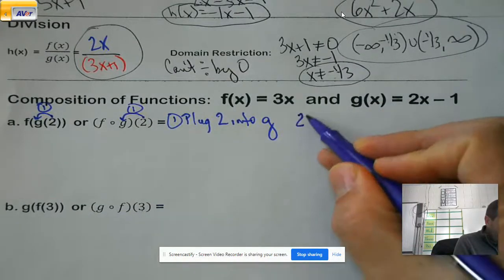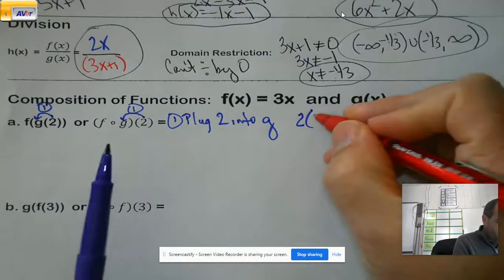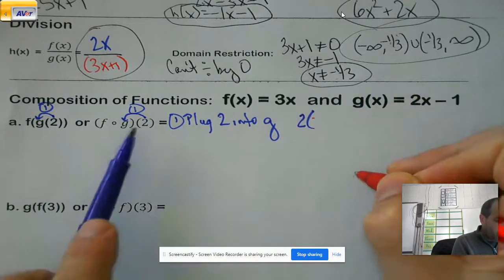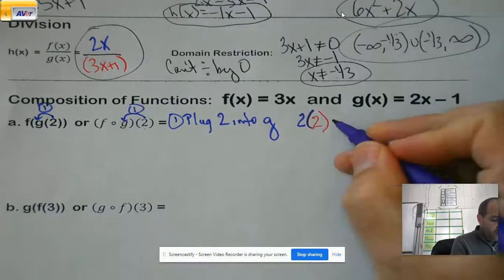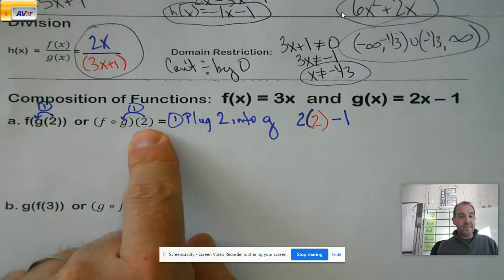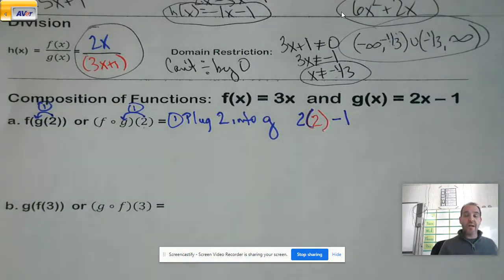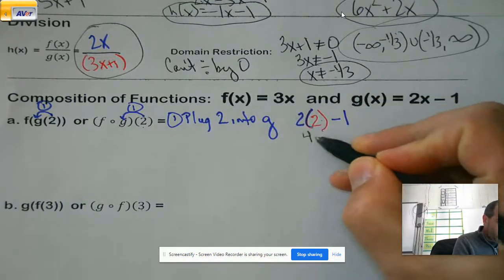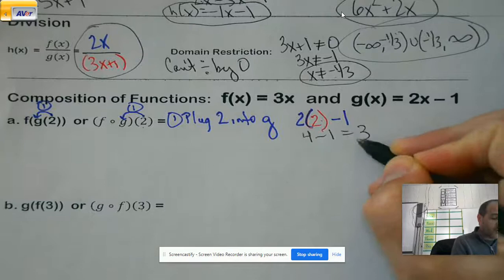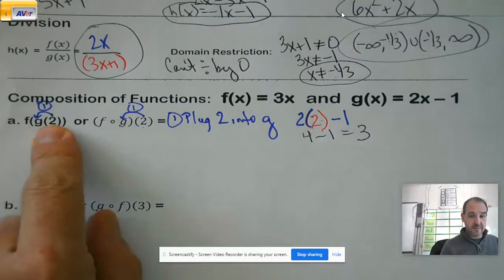So 2 times my x value, which is 2, minus 1. Whatever number is in the parentheses is the number you're substituting, you're plugging in. So I'm plugging it into the g function. So 2 times 2 is 4, minus 1 equals 3. Okay, that's the first step. That takes care of this piece.